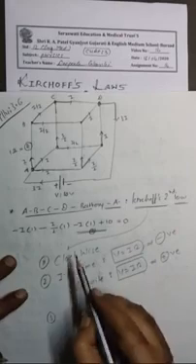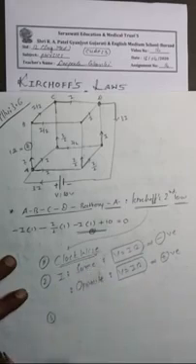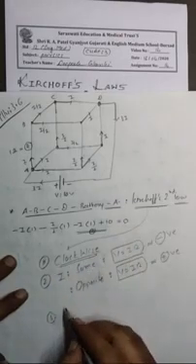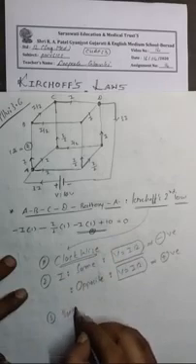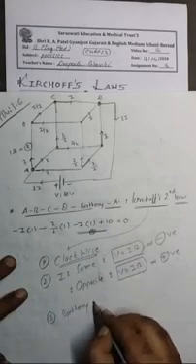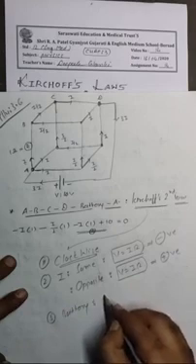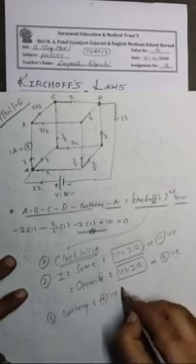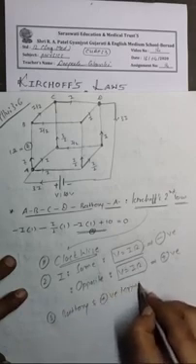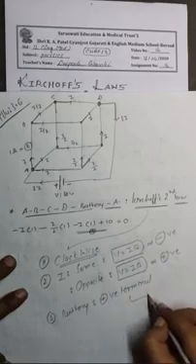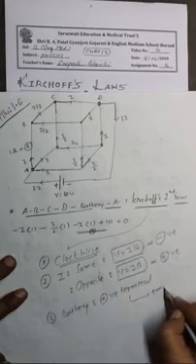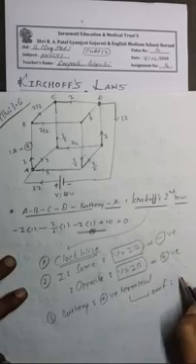Third, while moving clockwise, if in our path we get a battery, and in the battery there is a positive terminal, then its EMF, the battery's EMF, you have to take negative.